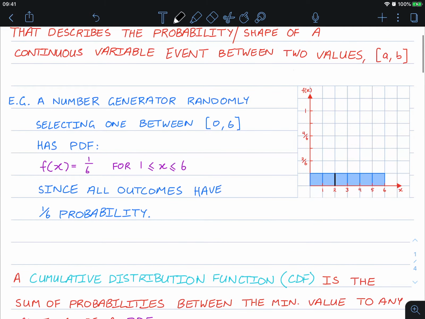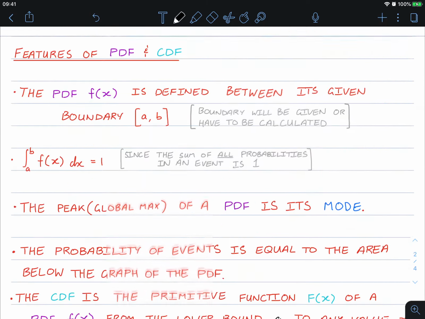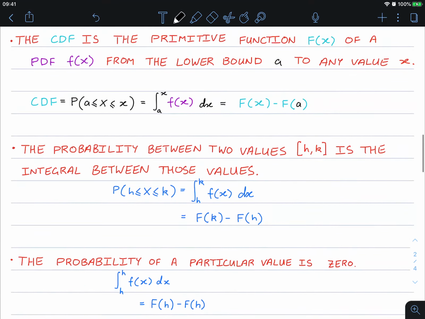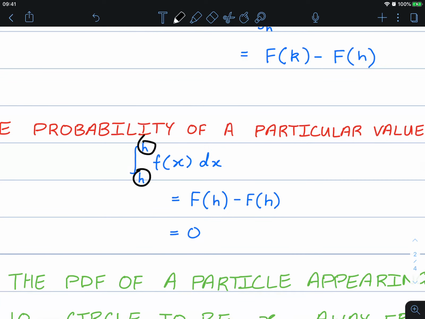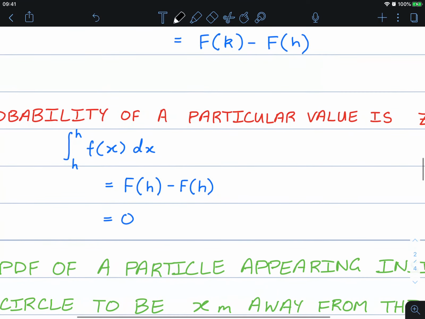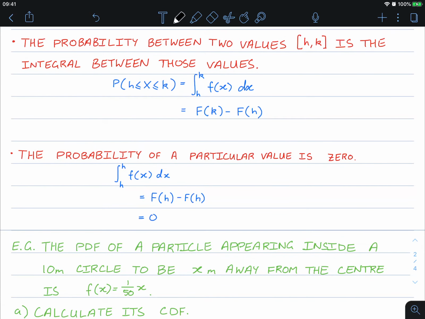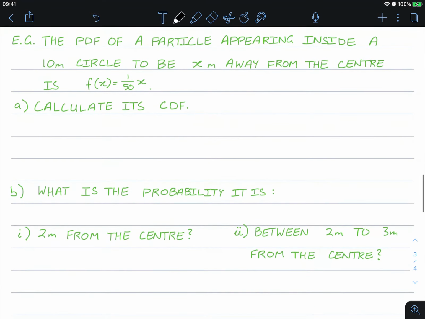It's actually going to be 0. The reason for that is that the area at any particular point, let's say h to h, well, if we go through the definite integral, we get F of h minus F of h. That's just 0. Now this will make a lot more sense when we do an example of this.